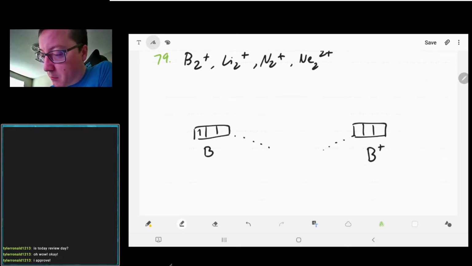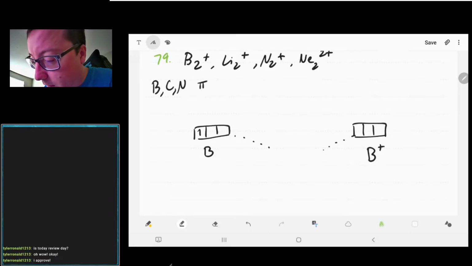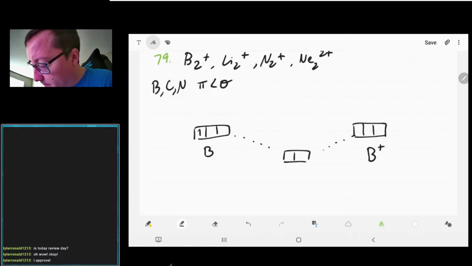Remembering that boron, carbon, and nitrogen, the first three in the p block, have pi lower than sigma, we're going to see our pi at the bottom, because that is the lowest one.